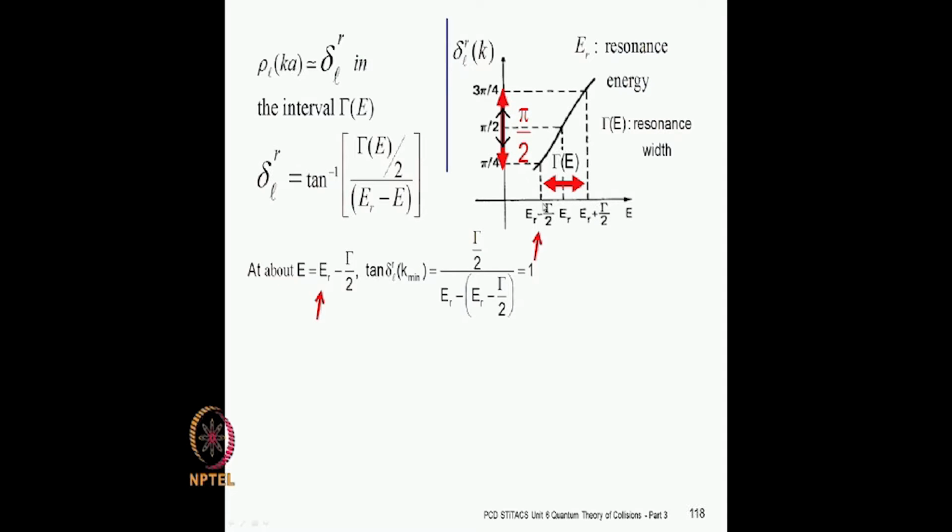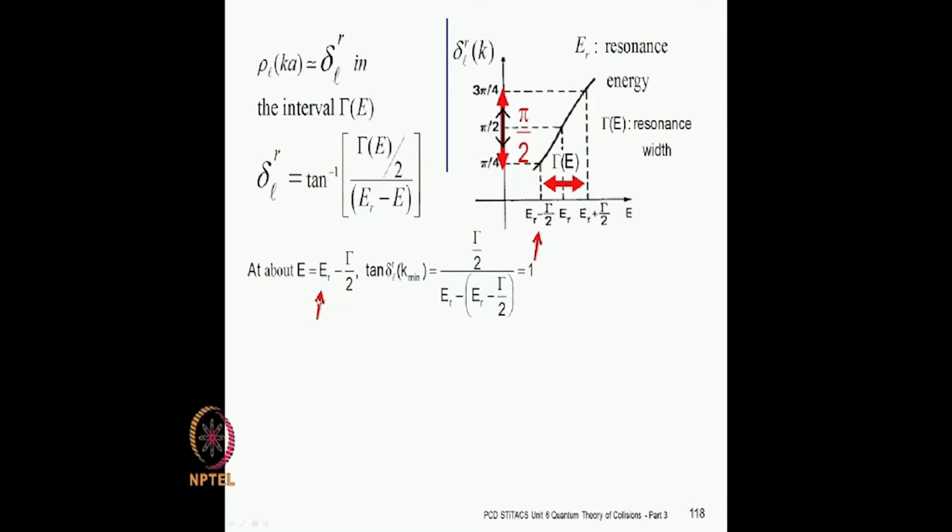So, let us look at what happens at this energy, which is half gamma below the resonance value. At this energy, if you look at this expression, you will have E equal to ER minus gamma by 2. So, I put E equal to ER minus gamma by 2, this ER and this ER cancel, and gamma by 2 divided by gamma by 2 becomes plus 1.